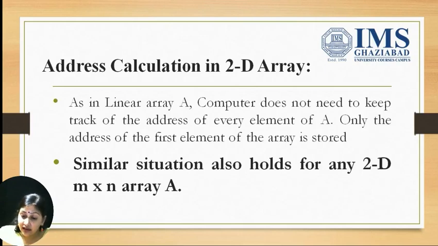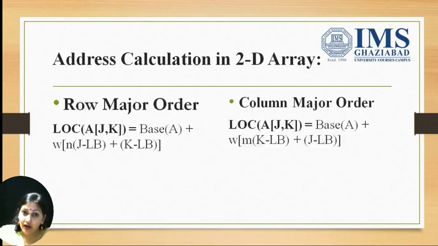But here we have to differentiate whether the array is stored in row major order or column major order. Here are two different formulas for row major order and column major order to calculate the address of any element stored at location j, k.